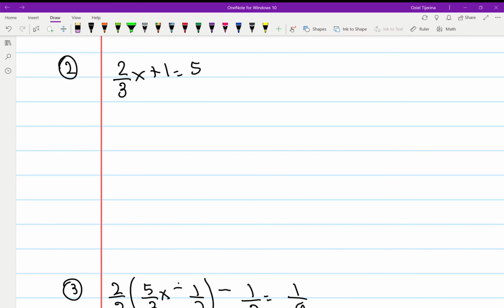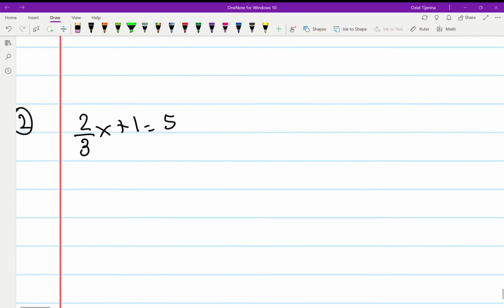I'm erasing all of this stuff. So we have 2/3 x plus 1 equals 5. If you do not want to do it with fractions, you can make it so that it does not have a fraction in it.